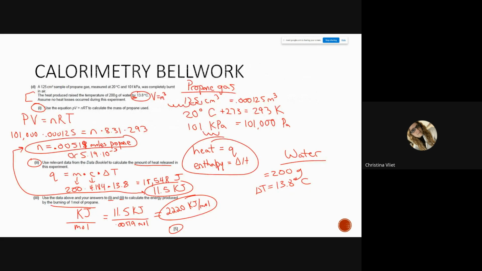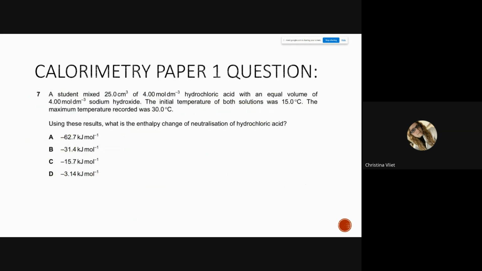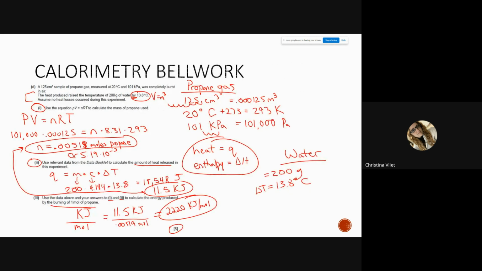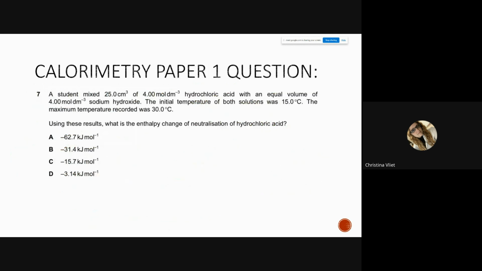All right. Let's take a look at this in paper 1. Ready to look at paper 1? Okay. Before I continue, as we look through this question, let's talk a little bit more about Q versus enthalpy.